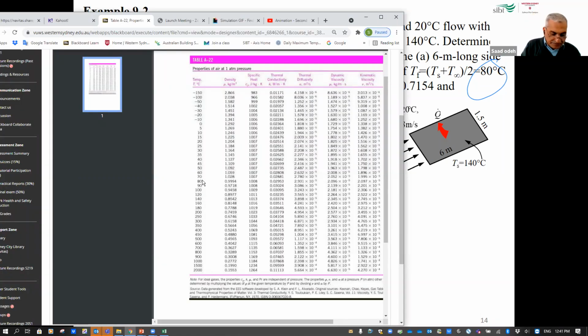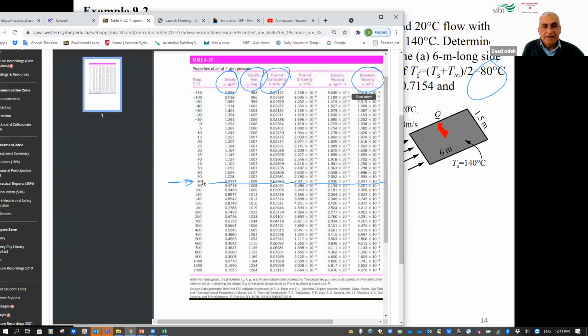At 80, what do you find? You can get all this information. We can get the density, the specific heat, and the thermal conductivity of the air, k, which we needed. We don't need thermal diffusivity. For viscosity, you can use either the kinematic viscosity or the dynamic viscosity, it depends.